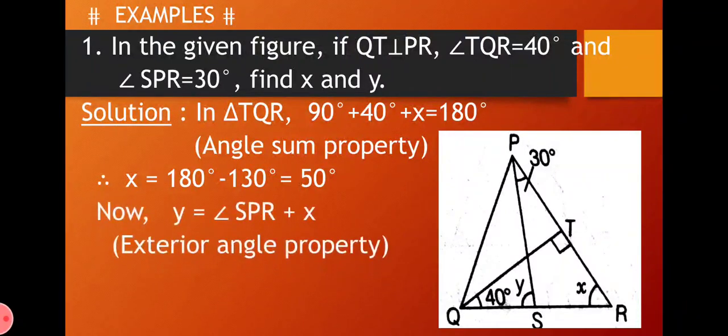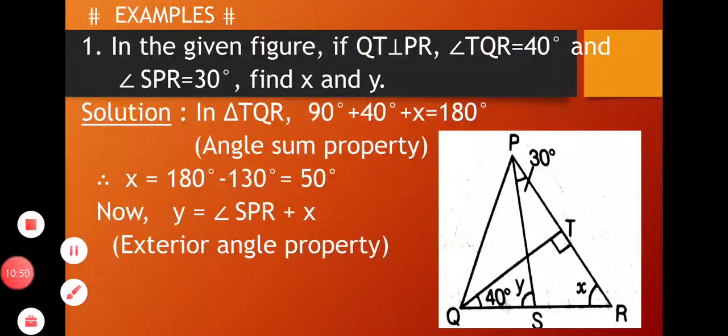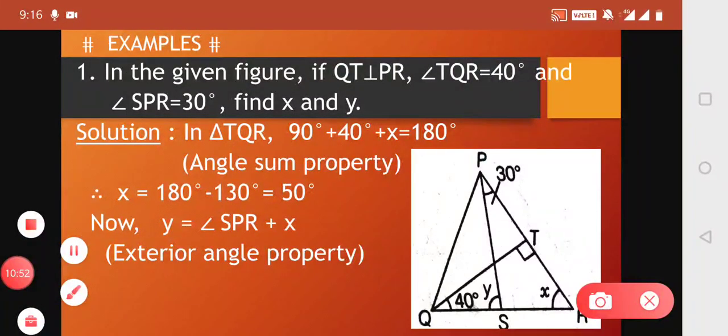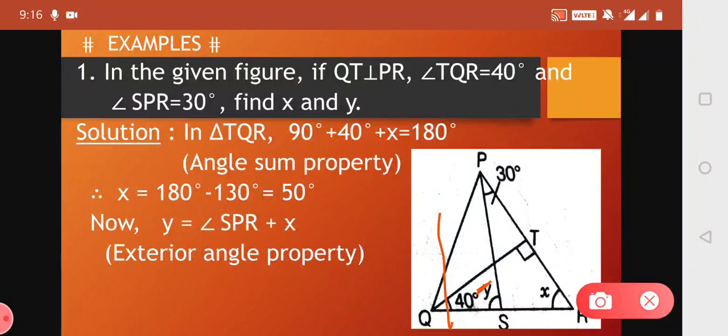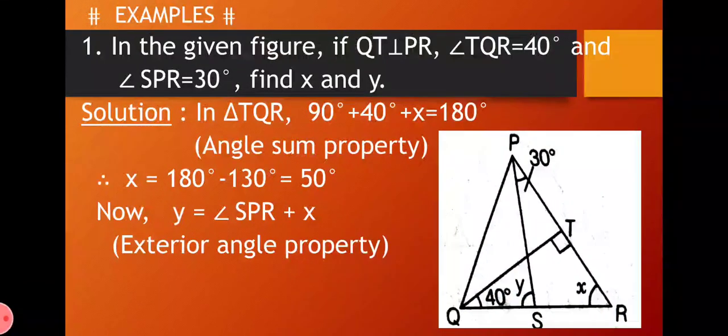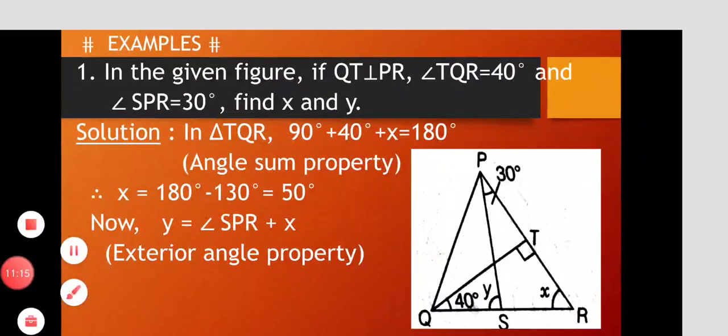Now to find the value of Y, we know that Y equal to angle SPR plus X. Let's see in the figure. This is your angle Y, this is your Y. Now to find Y, we have used angle SPR, because we are not taking this whole triangle.